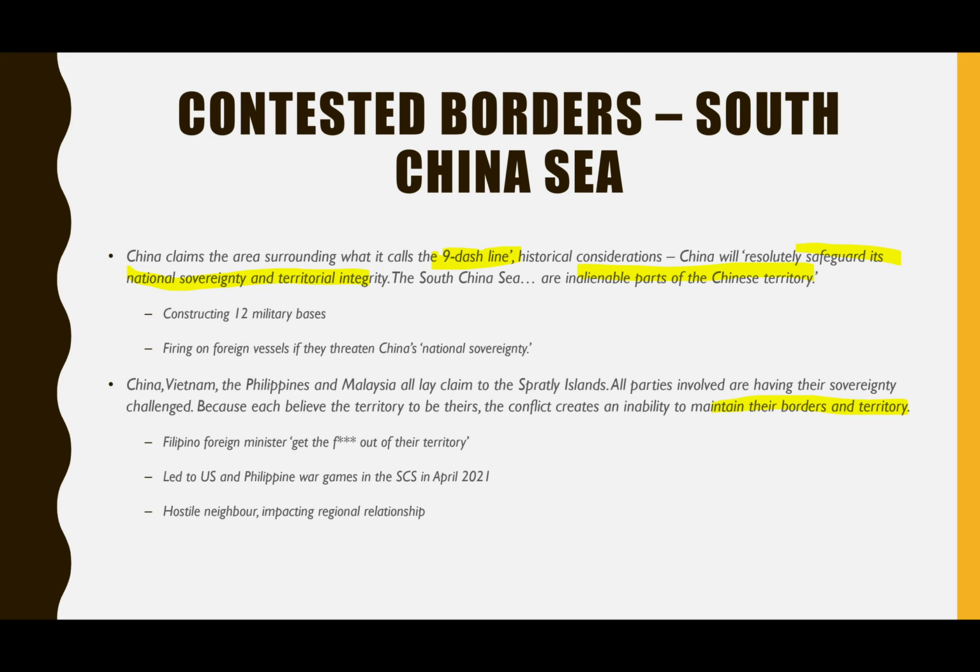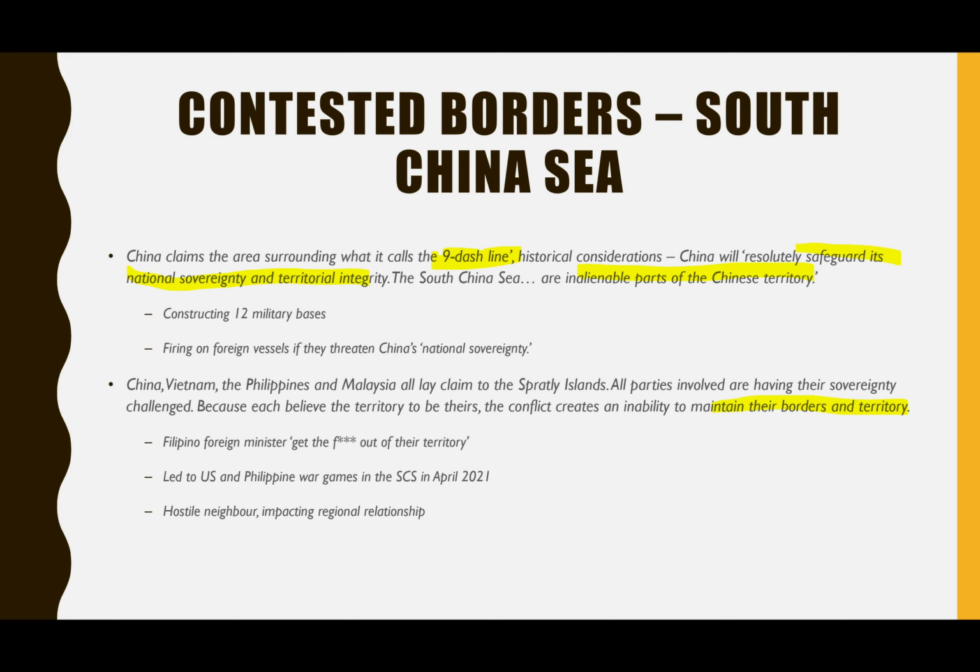And that legally says then that China doesn't have control over the area. So that could be a legal challenge to their sovereignty. But we've also seen other challenges. It kind of started really in 2021, again, with the Filipino foreign minister telling China to get the F out of their territory.